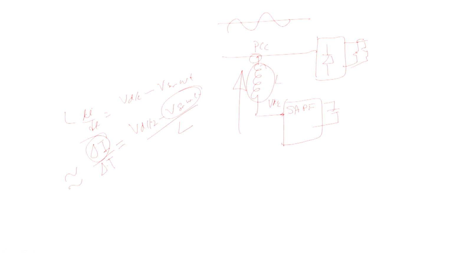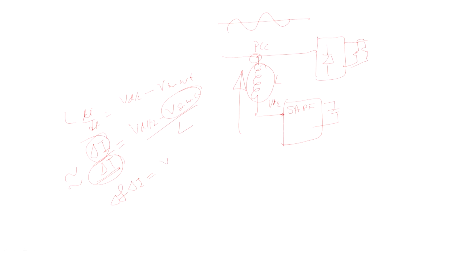So, this value is required to be quite high and the frequency required to be high, because the frequency is just the inverse of it. Thus, the change of frequency follows delta I equals VDC minus Vm sin omega t, divided by L. This band is constant, so there will be a change in frequency.